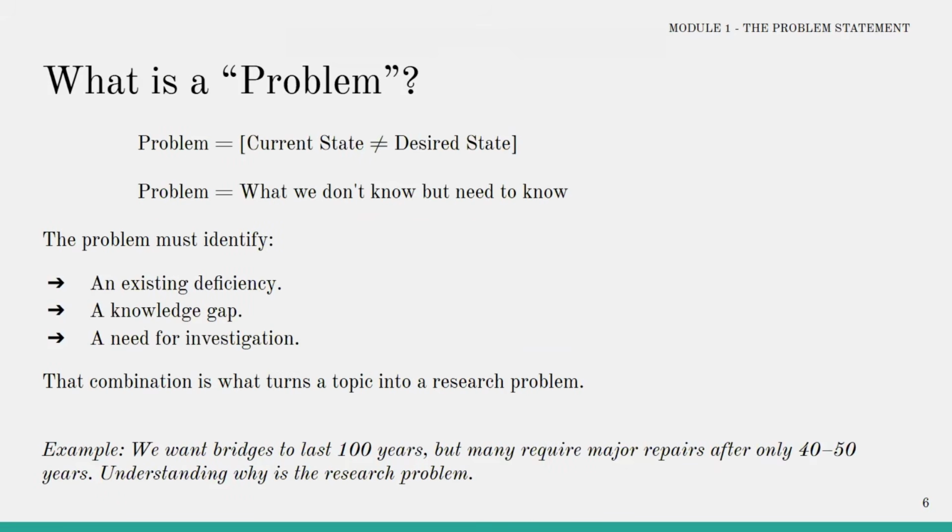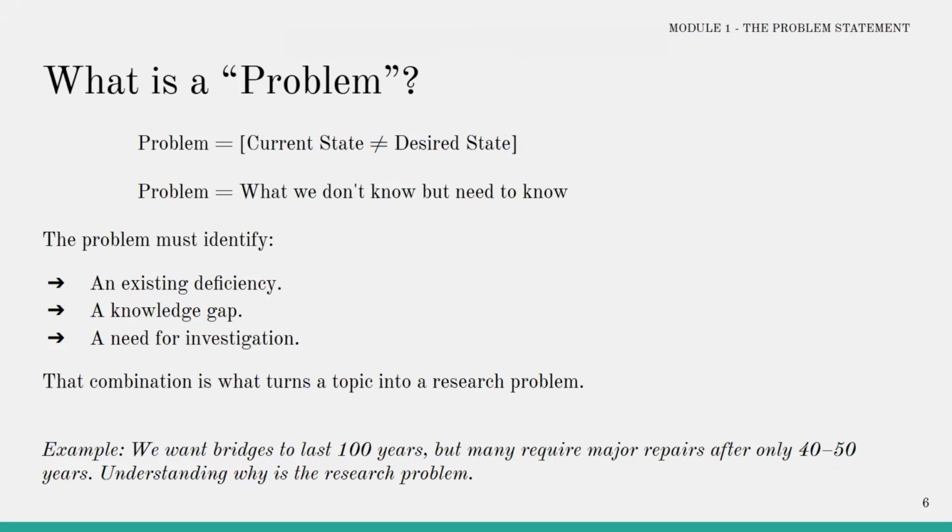To understand a problem statement better, we need to understand what is a problem and what is not a problem. Simply stating, if the current state is not the desirable state, then it's a problem. You can also say that a problem is what we don't know, but we need to know.